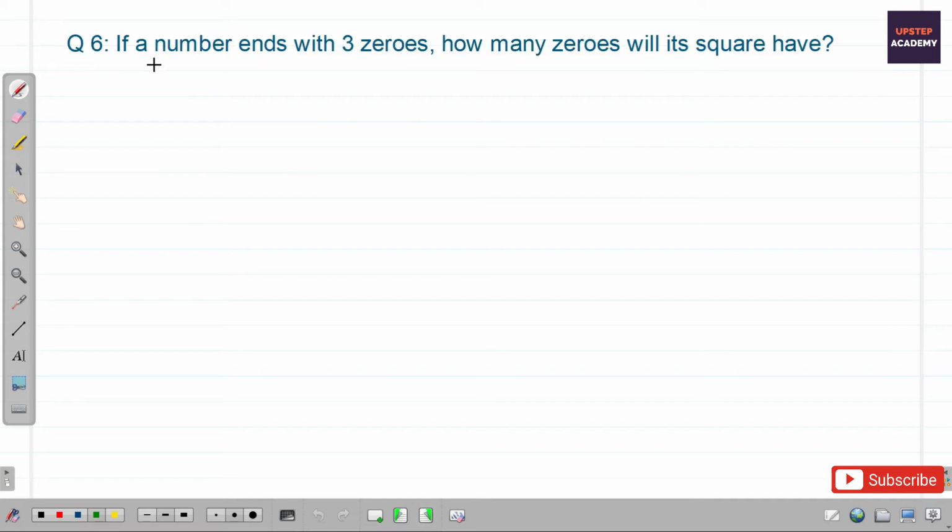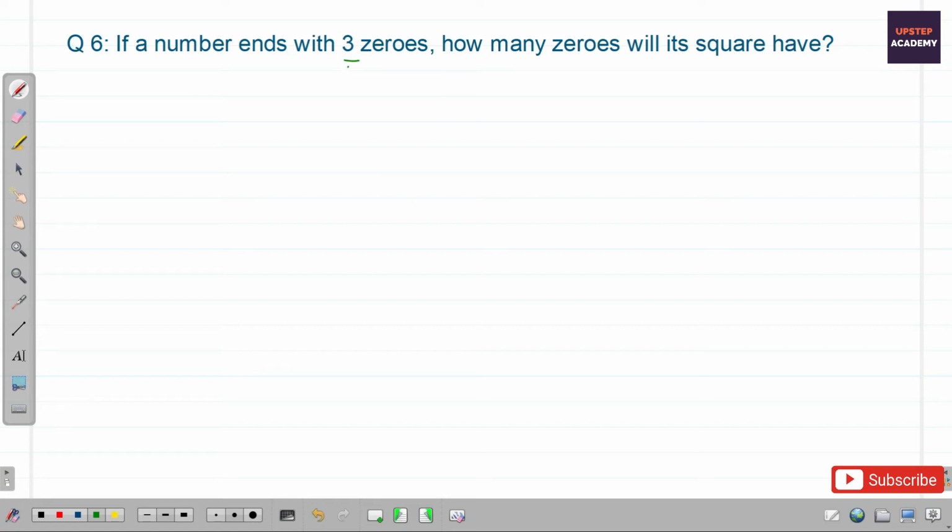Our sixth question is: if a number ends with 3 zeros, how many zeros will its square have? You know that according to the property of square numbers, if n zeros are present at the end of a given number, then its square will have 2n zeros.